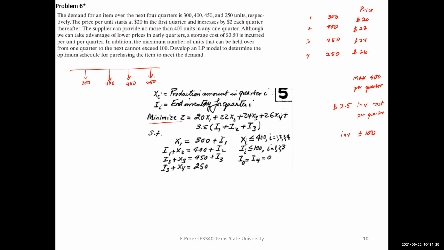So we are trying to meet this demand, and we are deciding how much we are going to produce in X1 and how much is going to go into inventory, and then X2, and how much is going to go to inventory 1, 2, X3, inventory 3, and then X4. Okay, so that's our problem. We want to know what will be the best schedule in terms of production and inventory.